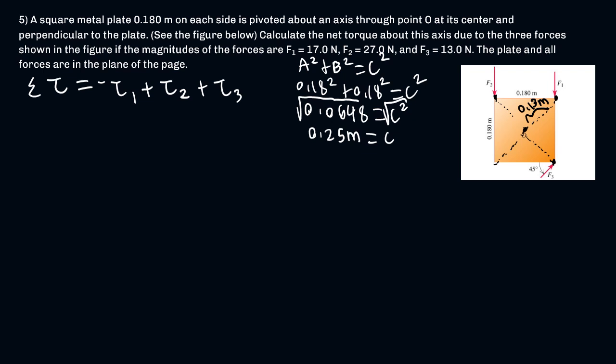Alright, so now what is the sum of torques and what is the equation for torque? We know that that is Fr sine theta, and since we have one at an angle here, that is going to become a little bit more important. Again, let's look at our first two forces and see if we even need to plug in sine theta here. So I have the sum of all torques that is equal to, both F1 and F2 look like they are perpendicular to my plate here.